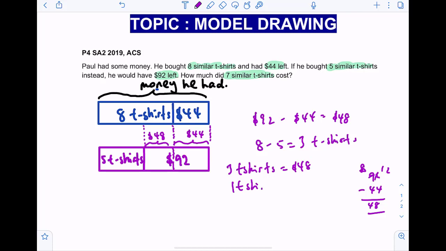1 t-shirt will be costing 48 divided by 3.